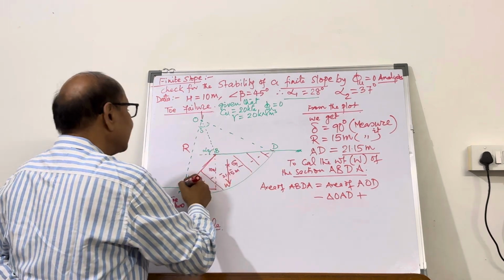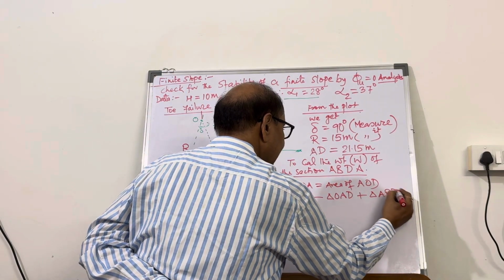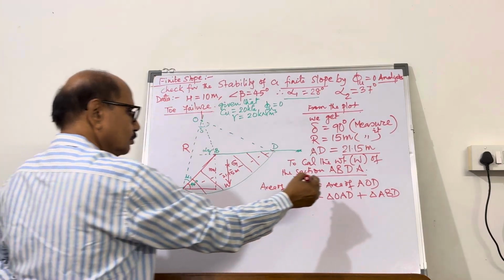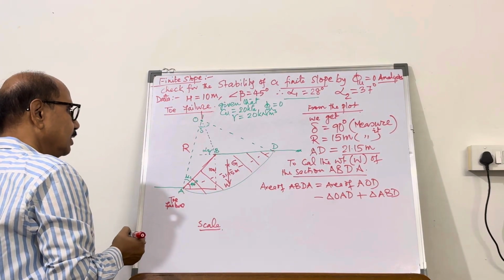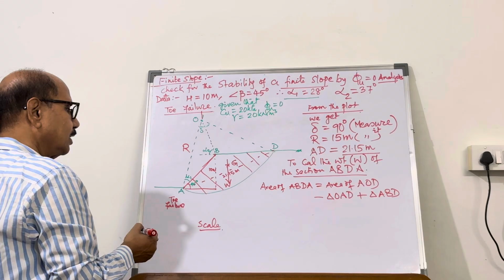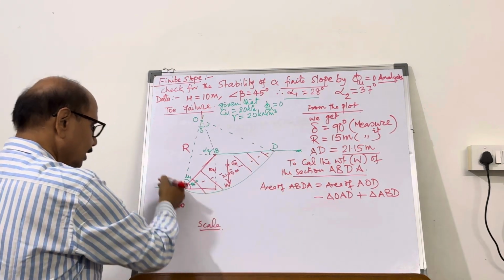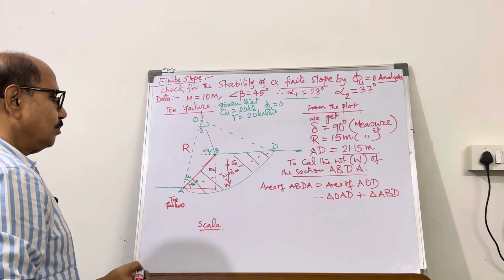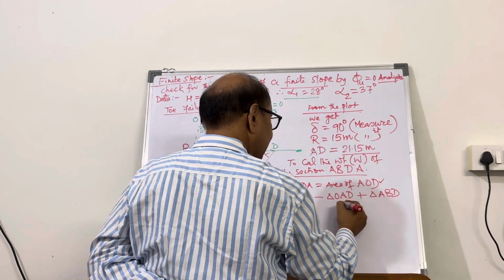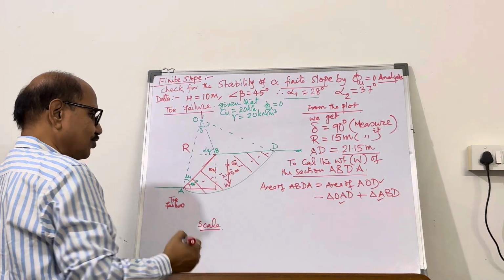Then you add this triangle ABD. So from this complete sector AOD, you minus the triangle and plus the triangle. That will give you this area which is hashed.